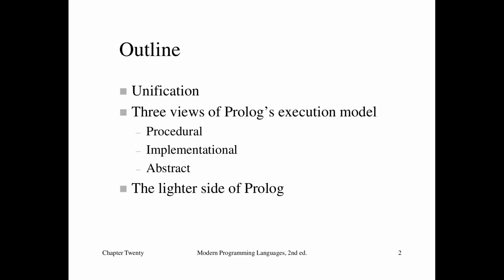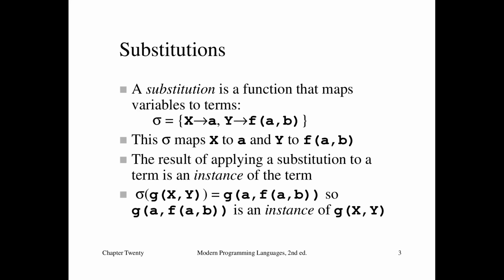But it's pretty interesting stuff. When we start talking about unification, the first thing we have to understand is the true definition of a substitution. A substitution is just a function that maps a variable to a term.